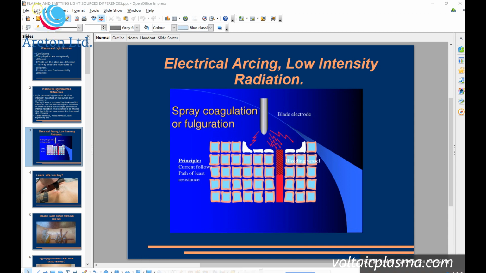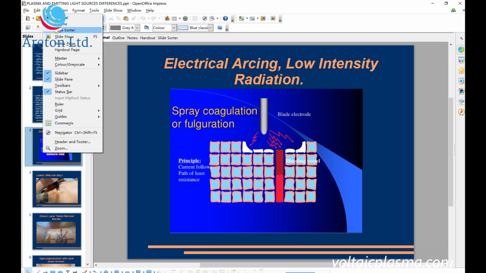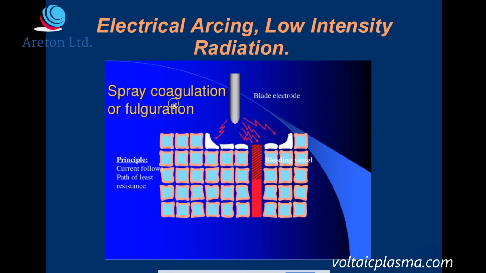So now the first slide is about what we know as electrocoagulation, electrophotocoagulation, or what is also called plasma fibroblast. It's got many names, but they actually indicate the same phenomenon. That is to say, an electrical spark, which is all we're actually doing with this phenomenon.